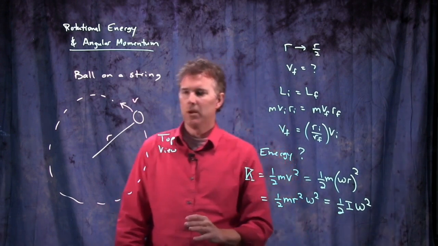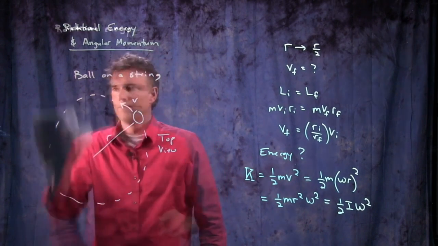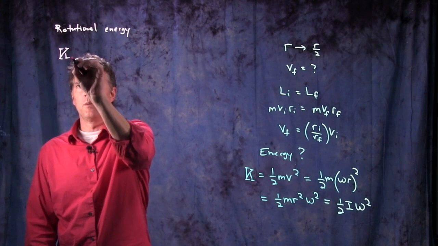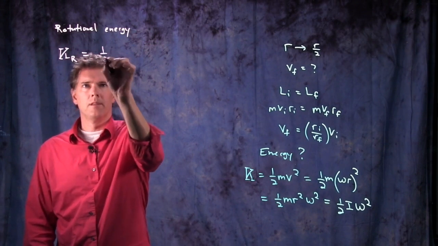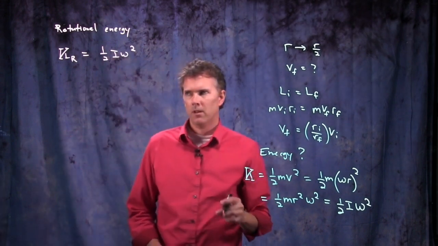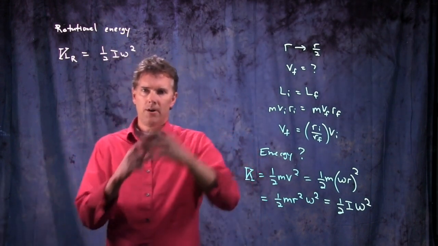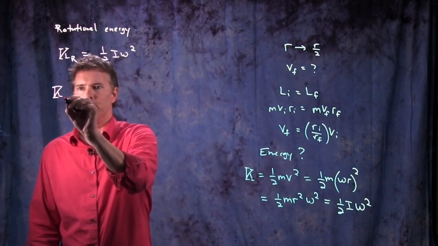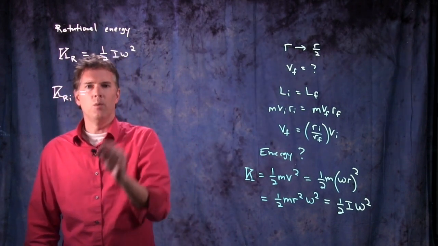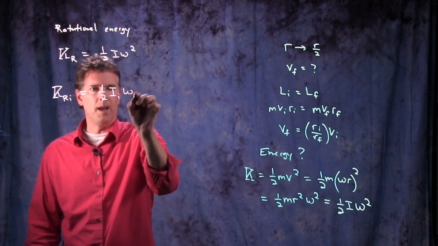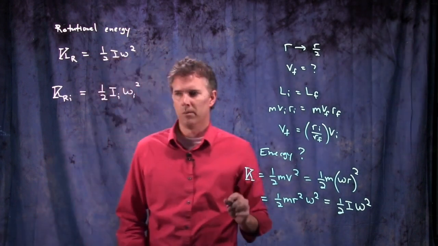Let's figure out exactly what the increase in energy is. The rotational energy that we just talked about, we're going to write with an r. And we said it's 1/2 I omega squared. So when the ball is out at its original position, we had 1/2 I initial times omega initial quantity squared.